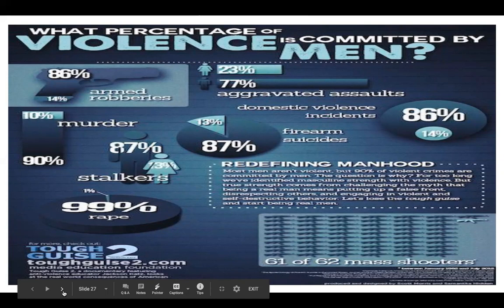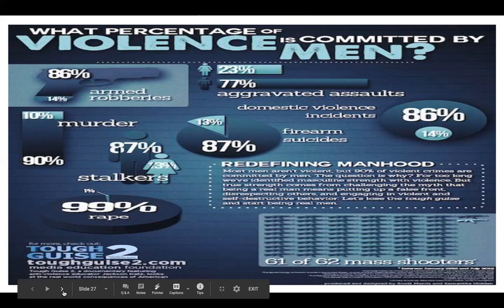It's not surprising that a lot of the violence is committed by men, whether you're talking armed robberies, stalking, rape, aggravated assaults. Even self-harm is also committed by men. Firearm suicides, committing suicide with a gun, 87% of those are men.